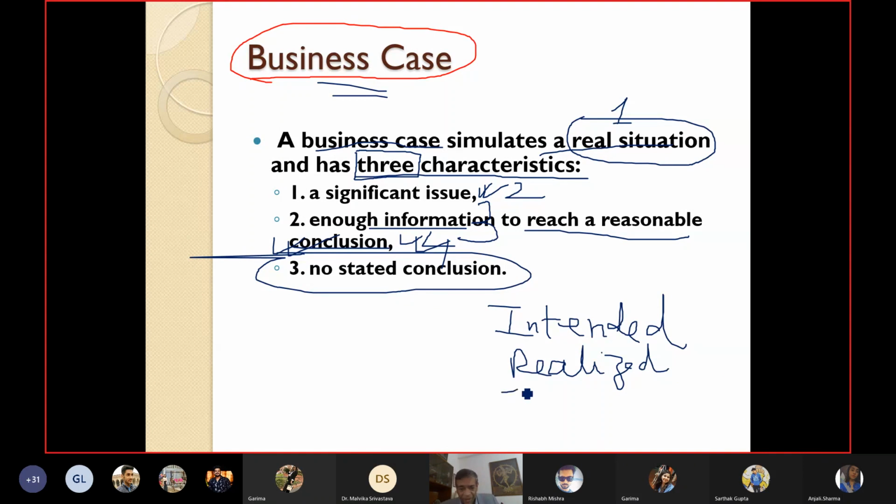Intended, realized, and emergent strategy. This is what you intended, this is what you achieved, these are the gaps, and therefore, what should you be doing? So, a situation has significant issues, and each of these issues has a lot of information on the basis of which you derive your conclusions.